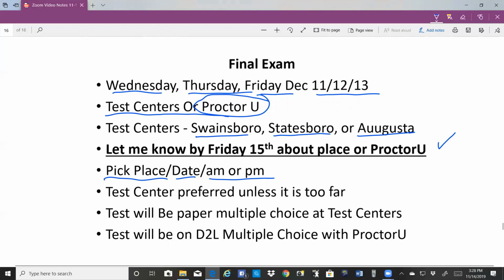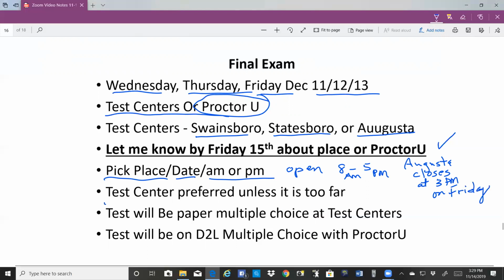The test centers are open from 8 to 5, that's 8 AM to 5 PM, except Augusta closes at 3 PM on Friday. So bear that in mind.